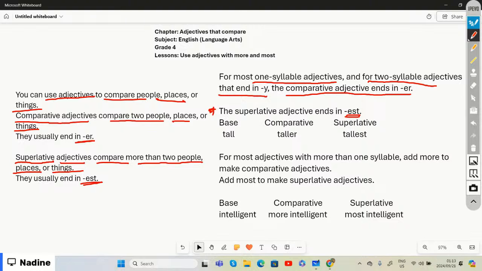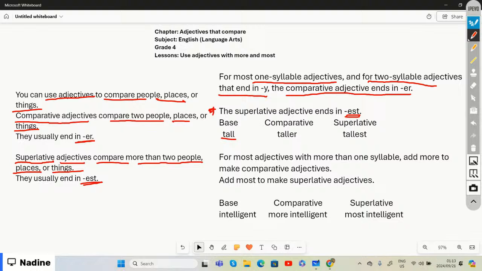For example, one syllable: tall, the tall boy, the tall girl. If we have the word tall, that is our base word.